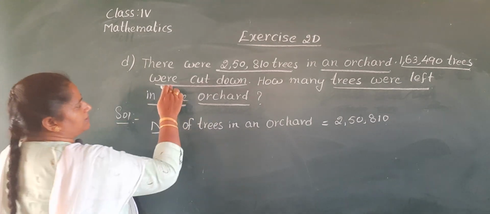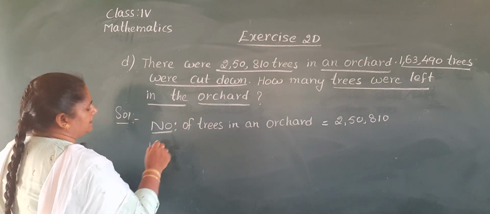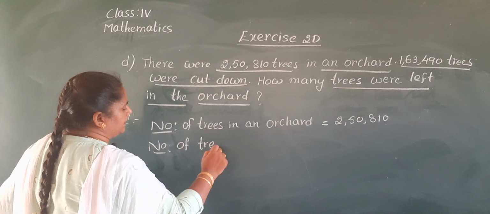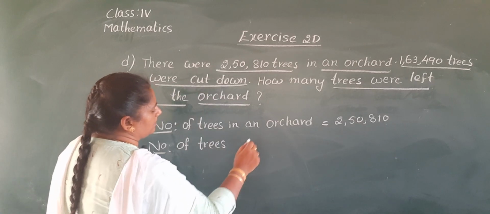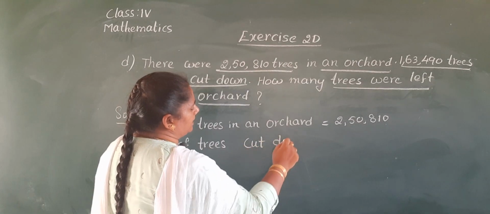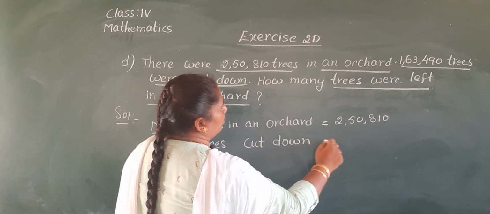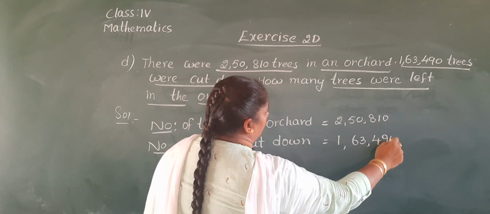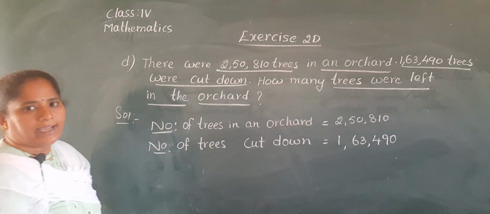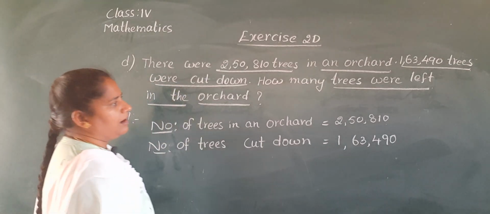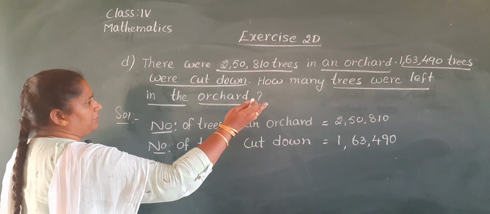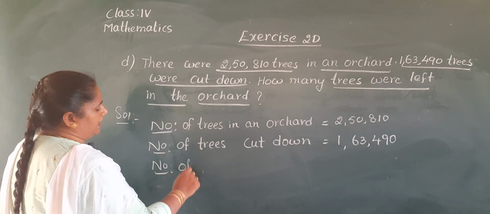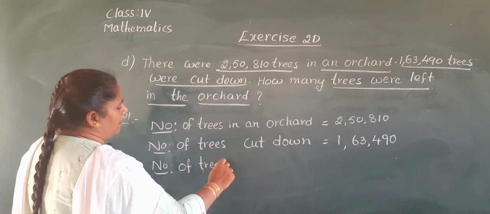So, how many trees were cut down, Nana? Yes, number of trees cut down, 1,63,490. Okay, are you writing, children? Next, now we have to find the remaining trees. That means number of trees left in the orchard.